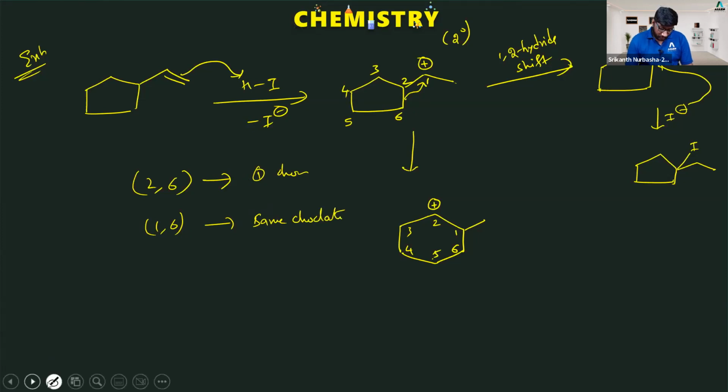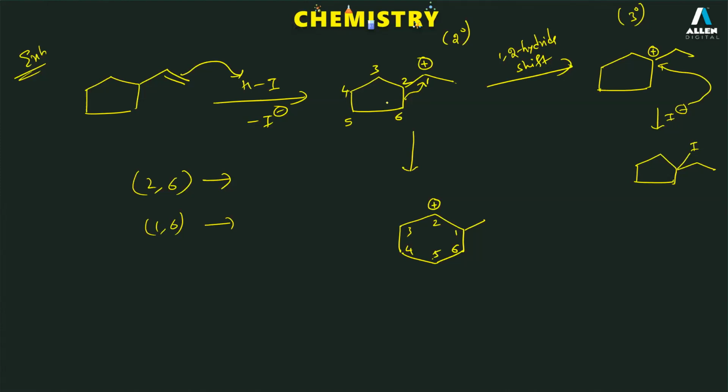Understood this point or not? The second and sixth carbon atoms are sharing one chocolate, let us say. Second and sixth persons are sharing one chocolate. Now the chocolate is shared between first and sixth. What can you say? The second has lost.